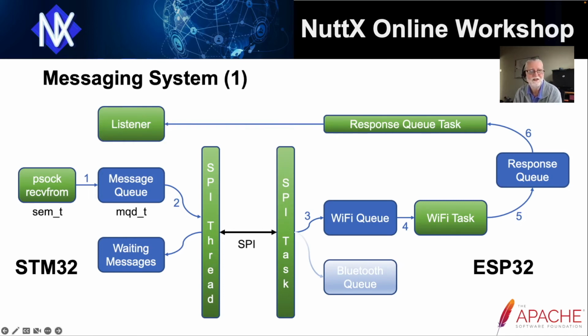So the listener task on the STM32 now has to work out how to get the response back from the ESP32, and the obvious way to do that is to put a special message into the message queue. And this message is to say, look, the ESP32 has something for us. This could be a response from a previous request, or it could be an event such as a Wi-Fi disconnect.